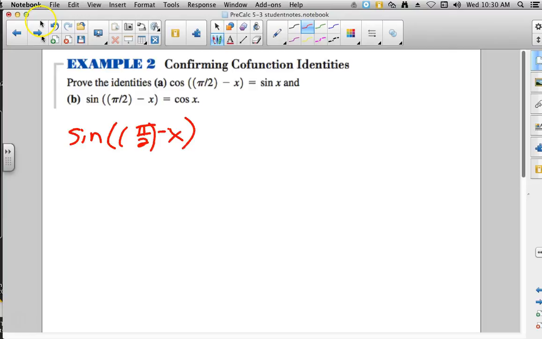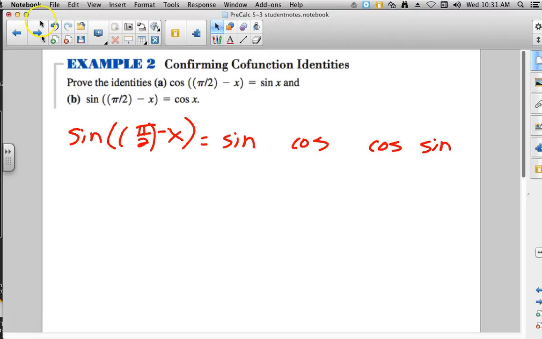All right, sine. That one did not go. Cosine, cosine, sine, sine. How did that one go? Sine, cosine, cosine, sine. Do we get to keep the subtraction? That we get to keep. Well, here's u, pi over 2.